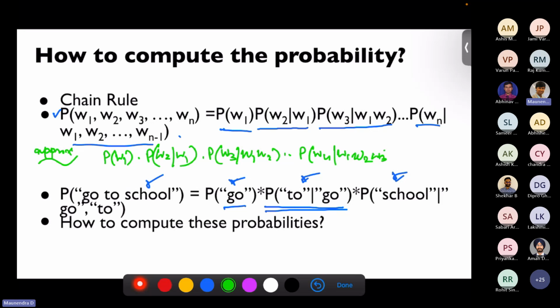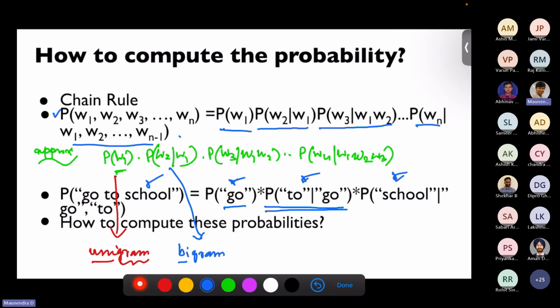So when we use only the probability of W1, this becomes a unigram model. Uni means one, and gram means word. So we are checking the probability of one word. Now suppose we are also using the previous word along with the unigram. That becomes a bigram model.